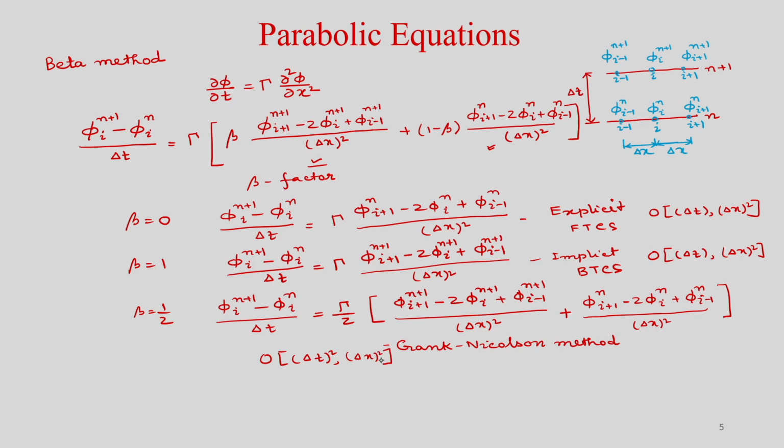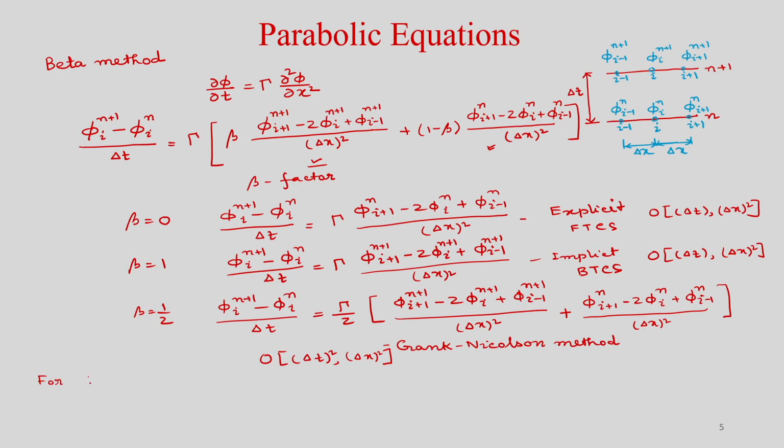So, you can see that it is a general method where we have used one beta factor, and with change of beta you can get different schemes, which may be explicit or implicit, first order accurate or second order accurate, depending on the value of beta.